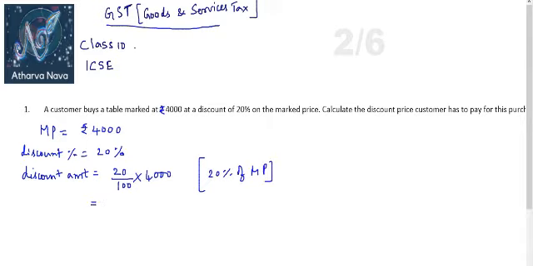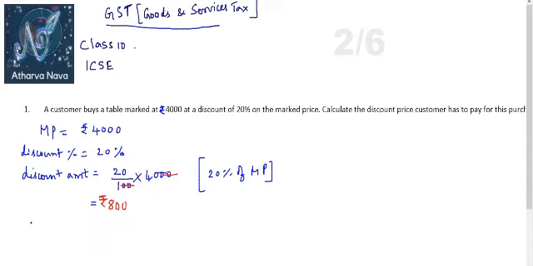So it will become how much? I'll just cancel whatever is possible. Two zeros cancel, and you can write this as 800. So the discount amount is rupees 800. Now the customer should have bought this for how much price?